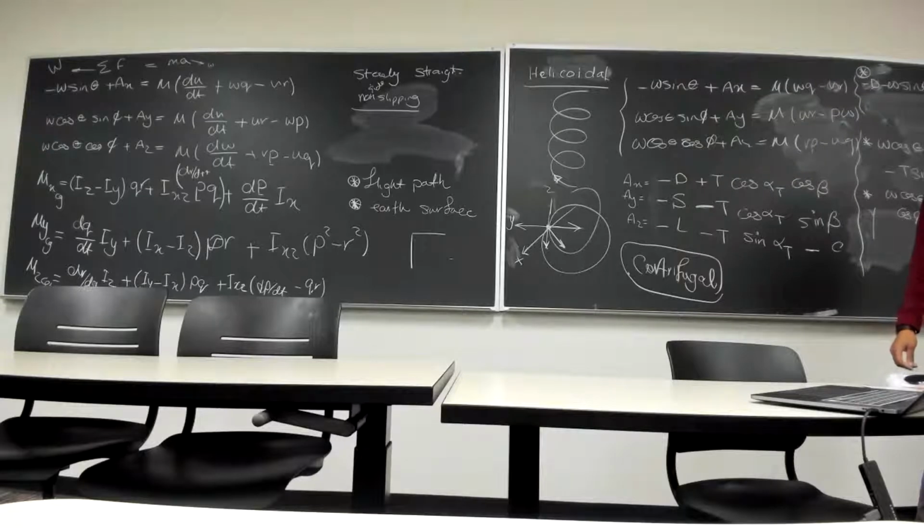Let's put it on the flight path, right? What does it mean when you put your frame of reference on the flight path? To the center line of the aircraft. What does it mean for the forces?